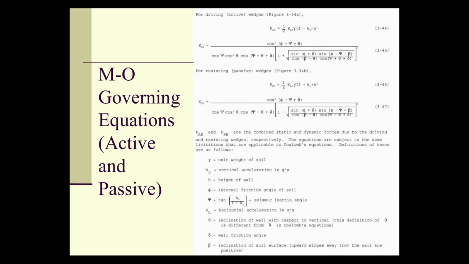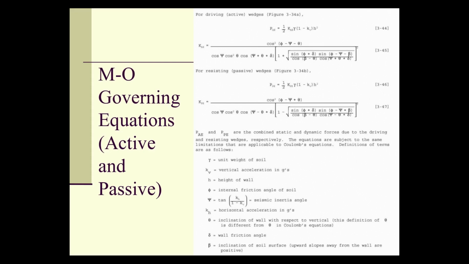The governing equations are essentially an expansion of Coulomb theory. And again, you'll note the formulas. A couple of things I would note about these equations. First, the next slide will show the nomenclature for it.